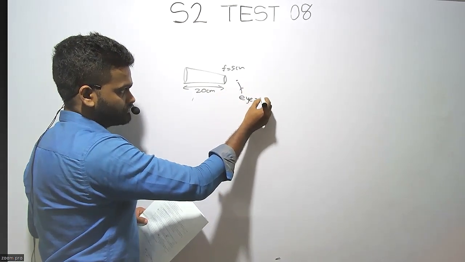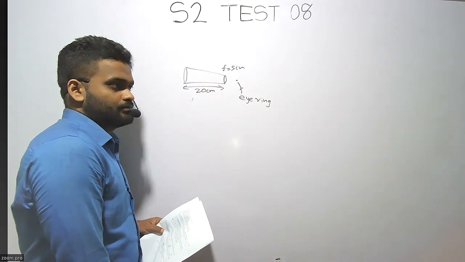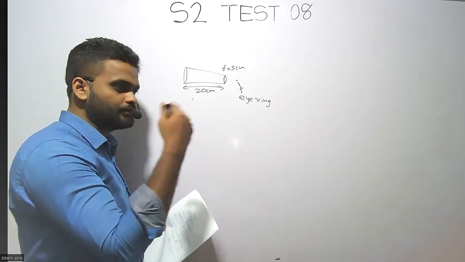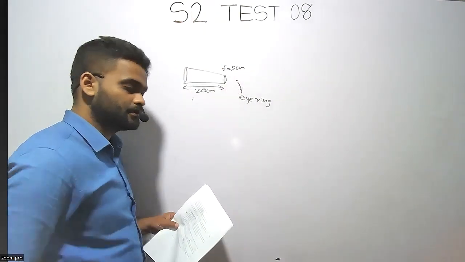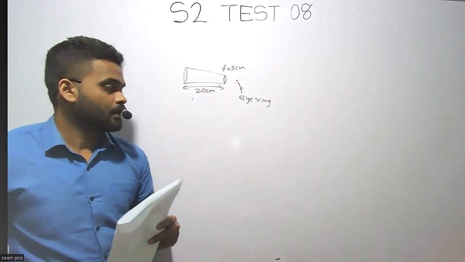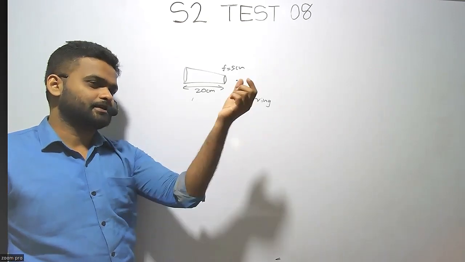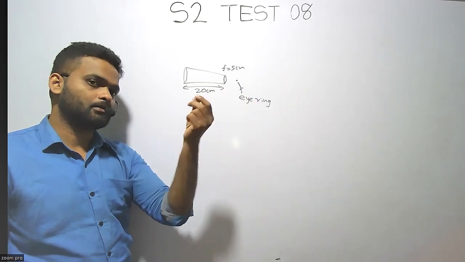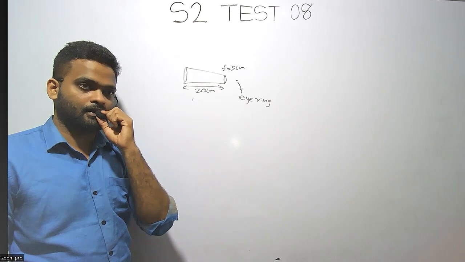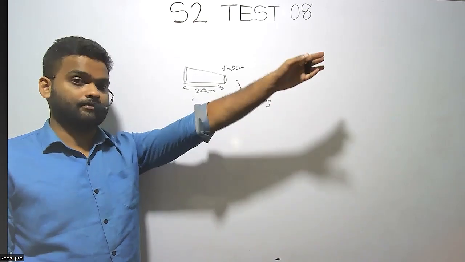So what is eye ring? You know, when you observe objects, usually objects in space, using a telescope, the light coming from those objects is very small in amount, because those are very far away objects.